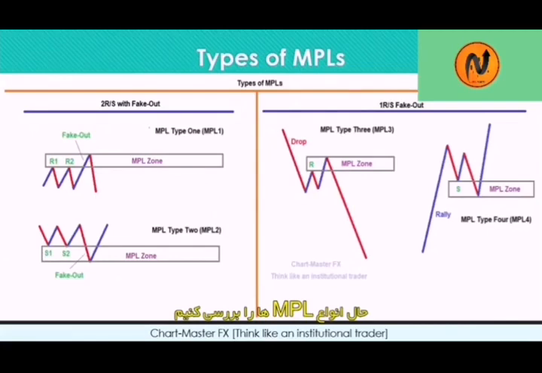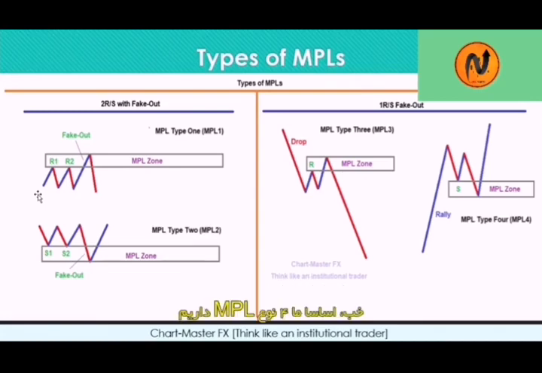Let's go to the types of MPLs. And you know, when we are explaining things in Forex, it's good for you to picture in a diagram what we are really talking about, so that once you have that conception, it's going to help you to be able to spot those things in the live market.